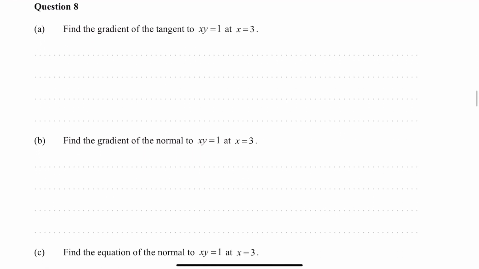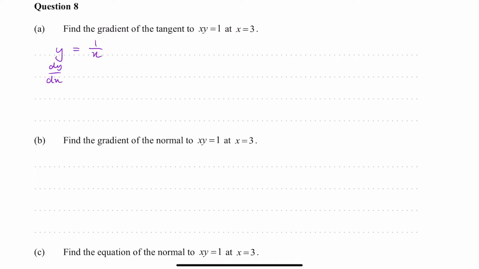It says find the gradient of the tangent to this hyperbola at x equals 3. Now when you see something like this and we're trying to differentiate, remember we only know how to differentiate when we have one of the pronumerals on either side. So if I make y the subject and I have 1 over x, then I can differentiate y in terms of x.